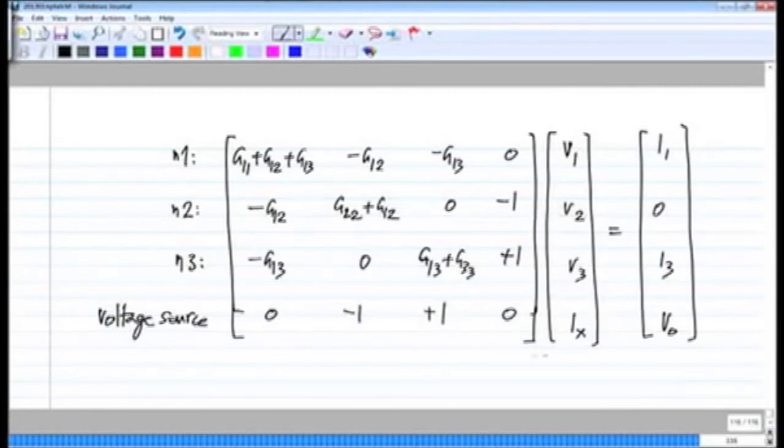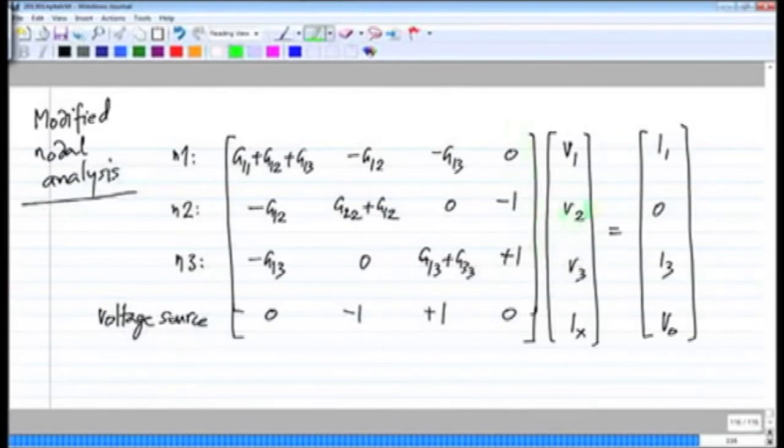So this is the nodal analysis expressed in matrix form, and this has been modified to include an auxiliary variable, and that auxiliary variable is the current through an independent voltage source. This scheme is known as modified nodal analysis. Whenever you have independent voltage sources, you need to have the current through the voltage source as extra variables, and then you will be able to again set up the equations systematically and solve for them.